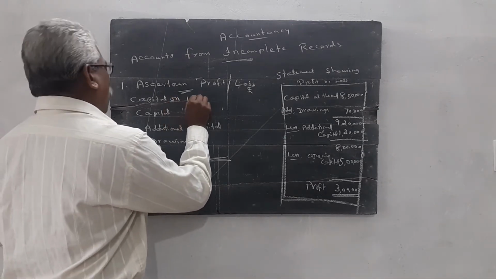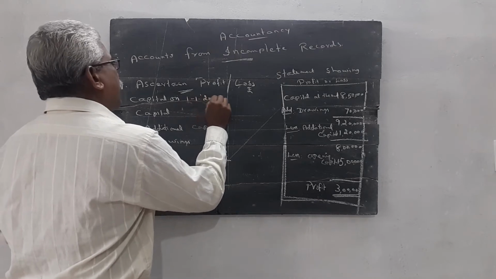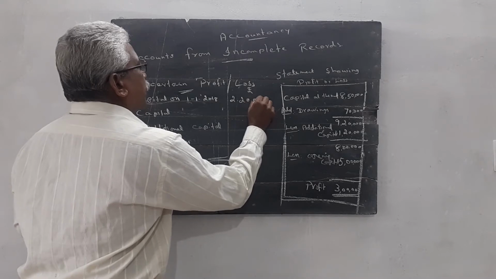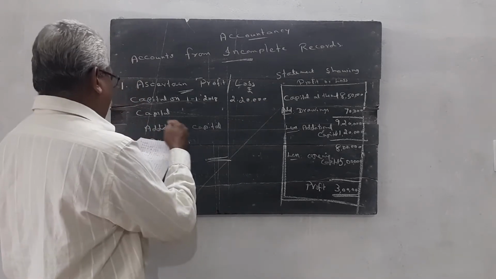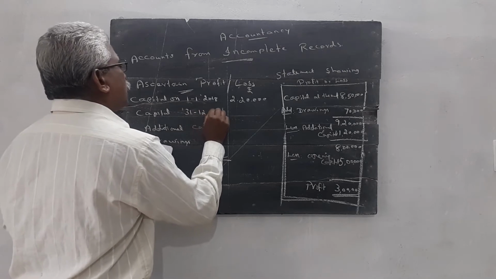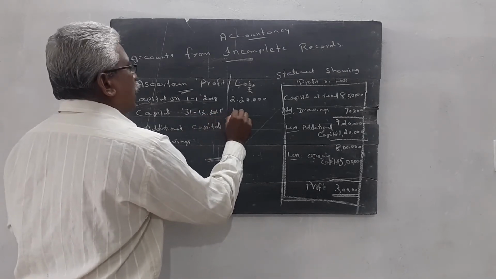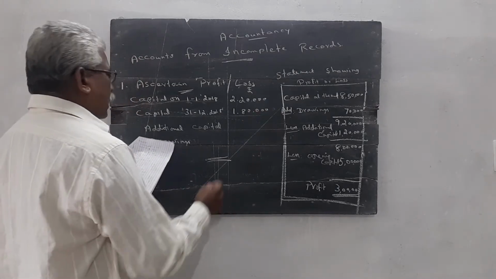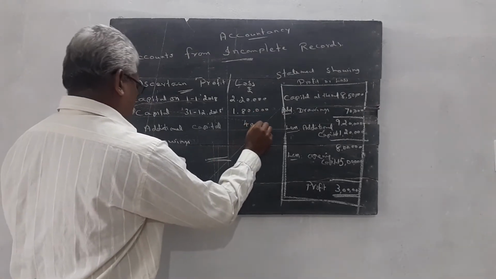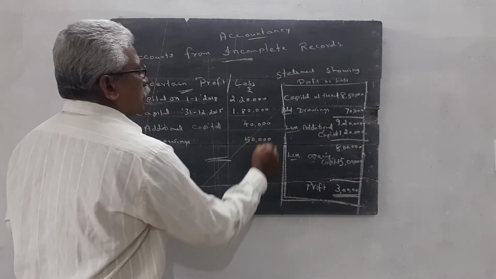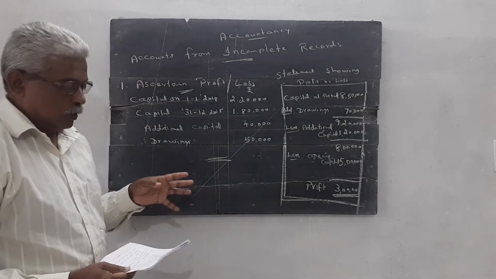Capital on 1/1/2018 rupees 2,20,000. Capital on 31/12/2018 1,80,000. Additional capital 40,000. Drawings 50,000. This is the question.